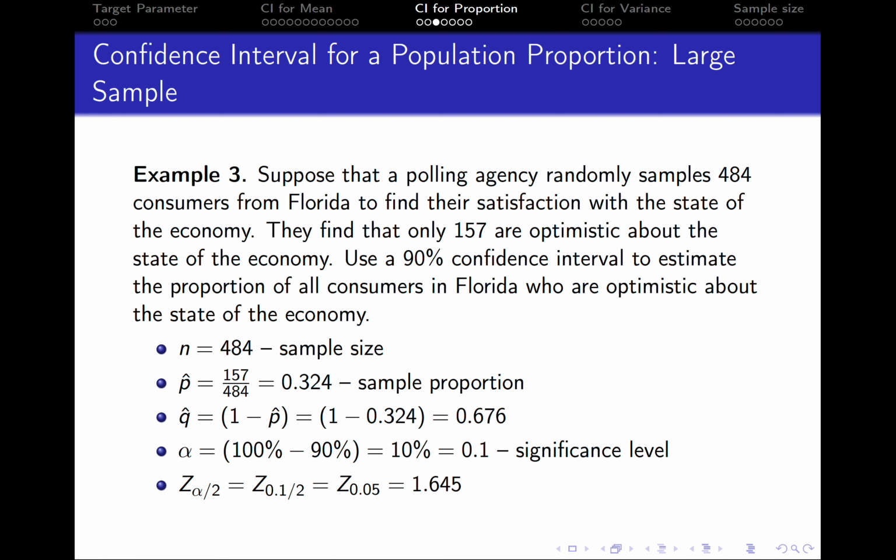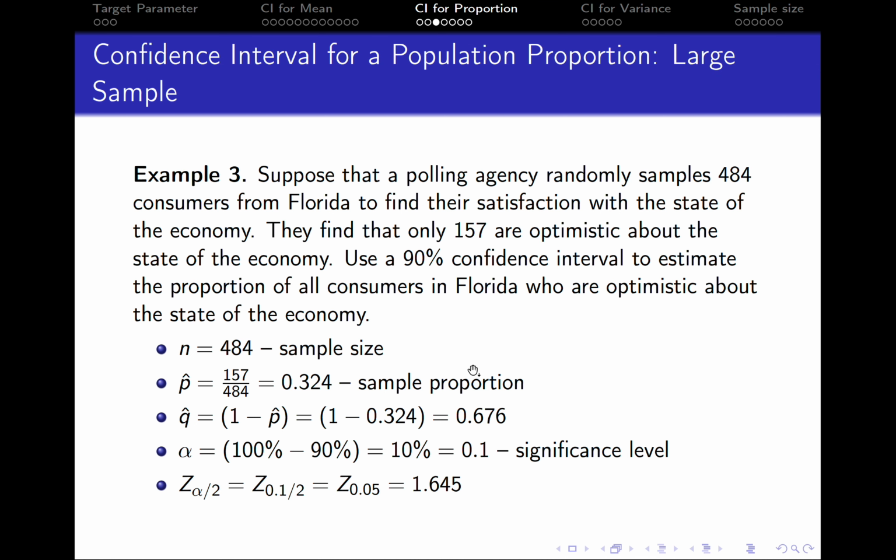So we can calculate the proportion of those who are optimistic by dividing 157 by 484. So we get that the sample proportion, the proportion of those who are optimistic, is 0.324. Given the value of p, we can calculate the value of q, which will be just 1 minus p, so we get the value of 0.676.